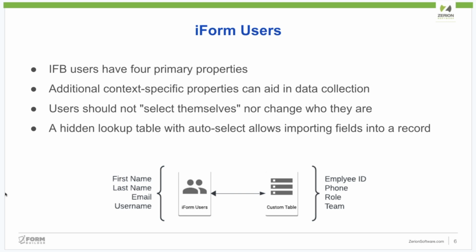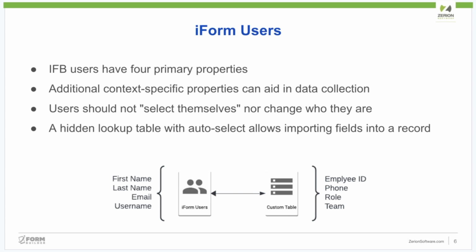In terms of high-level design requirements, it's really important that this feels good for the end user and for the designer as well. The person on the app itself should not have to select themselves. I shouldn't have to say, oh, this is who I am when I'm filling out a form. Equally important, I shouldn't be able to say, hey, I'm somebody else.